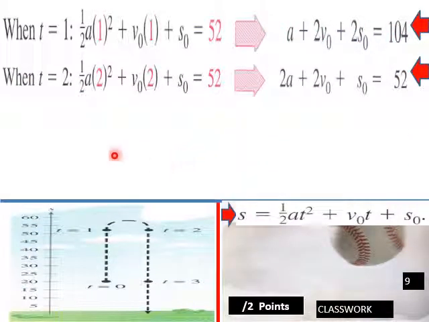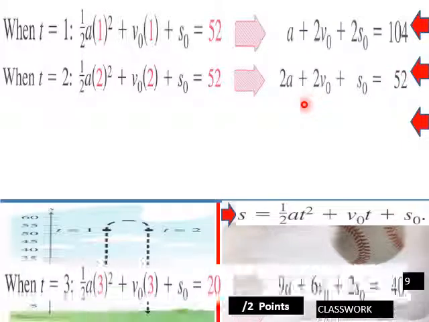And then our next linear equation, when t equals 2, again, when we multiply through, this equals 52. This cancels out here, 2 times 1 is 2, and this stays the same for 52. So it's 2a plus 2v naught plus s naught equals 52.